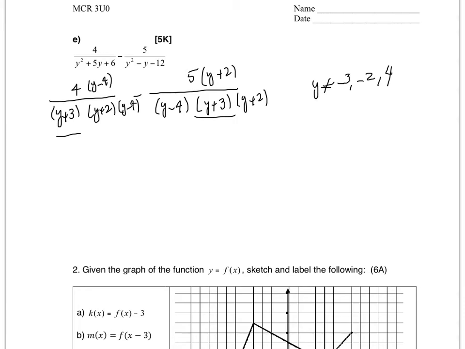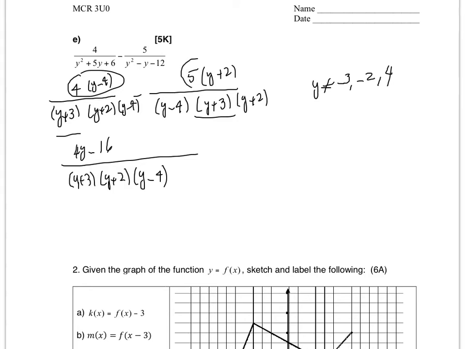Now, if we take the common denominator of all of them, we get y plus 3, y plus 2, y minus 4. Now, the numerator here, I distribute 4 inside, I get 4y minus 16.